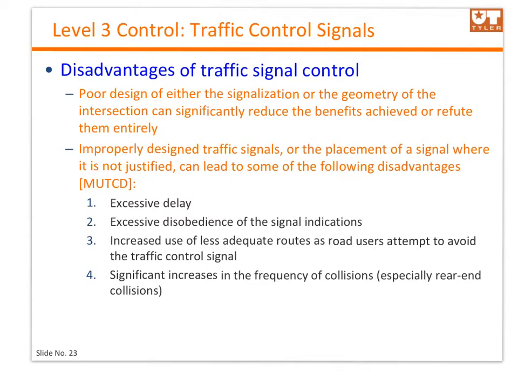Also, we can observe an increased use of less adequate routes as road users attempt to avoid the traffic control signal, and we may also see a significant increase in the frequency of collisions, especially rear end collisions. So again, we need to balance and we need to have the right design to obtain the advantages of a traffic signal and try to avoid the disadvantages.